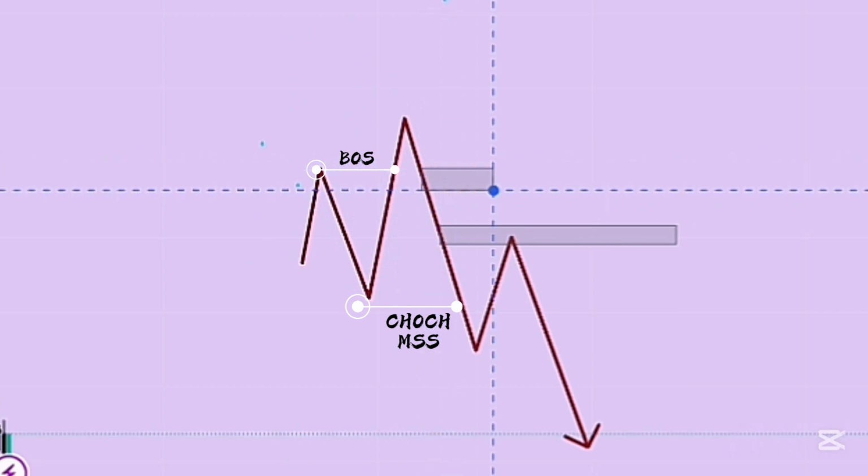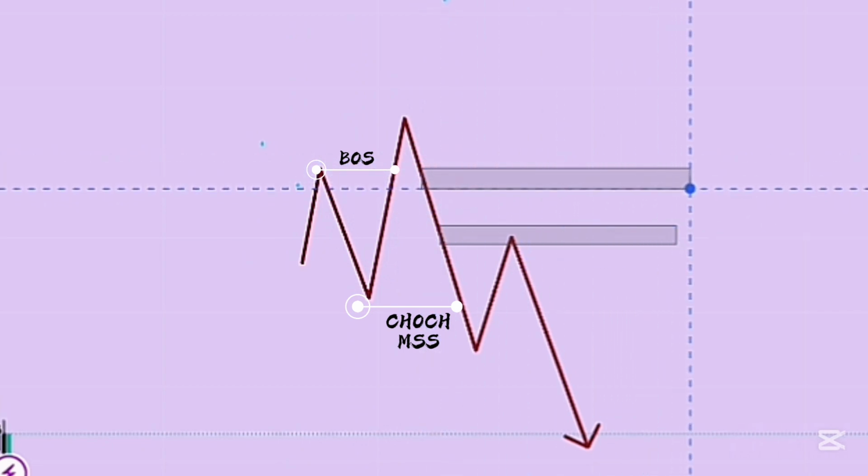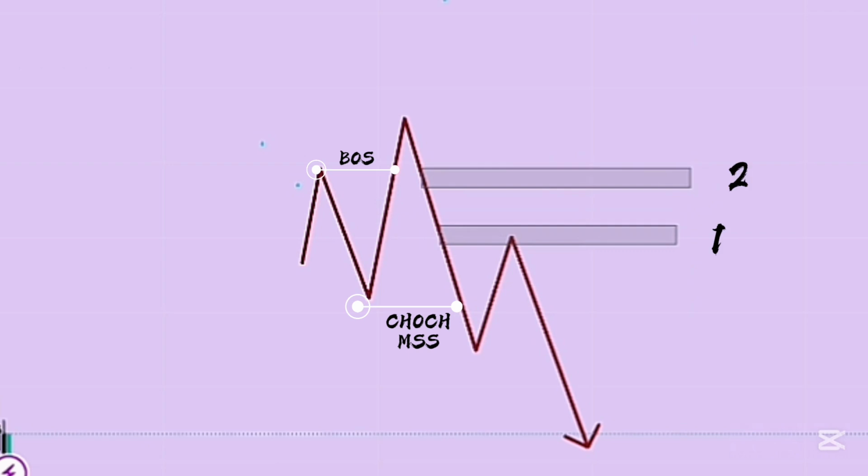Guys, this is exactly the example of what I'm talking about. If you notice two FVGs and a displacement, just pick the one closer to you. It is very, very important, guys. Do not do otherwise.